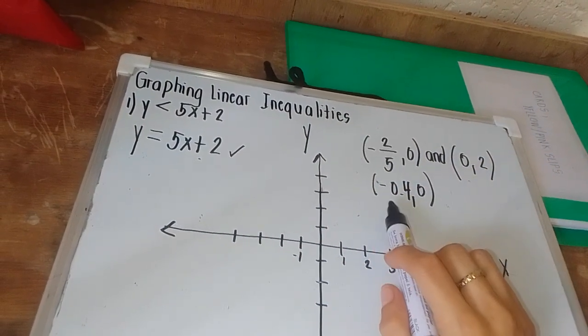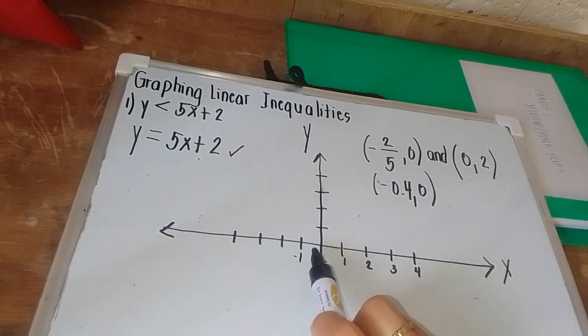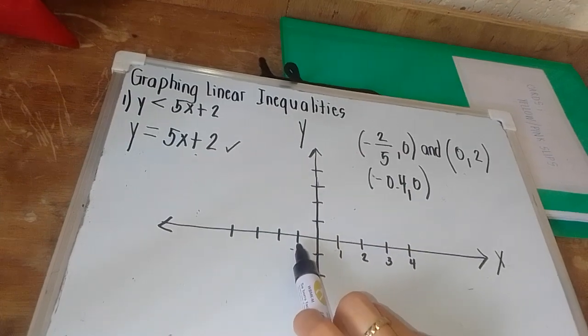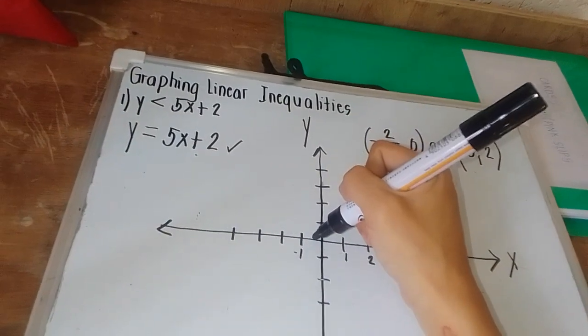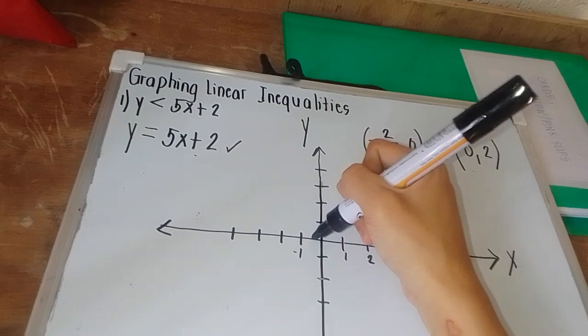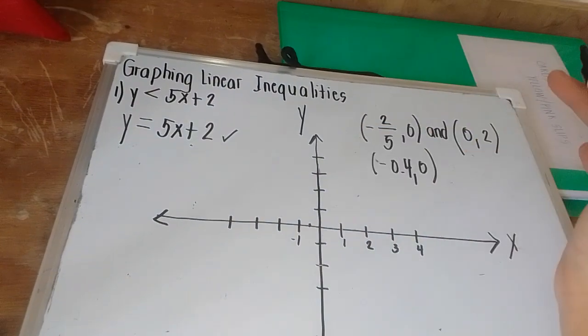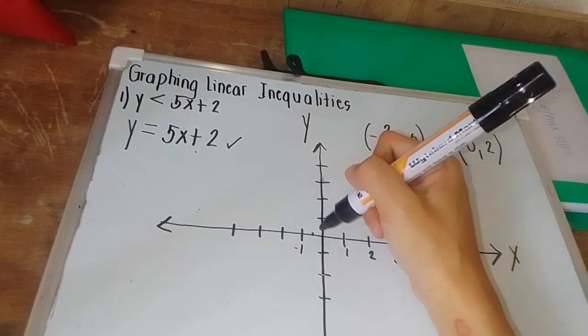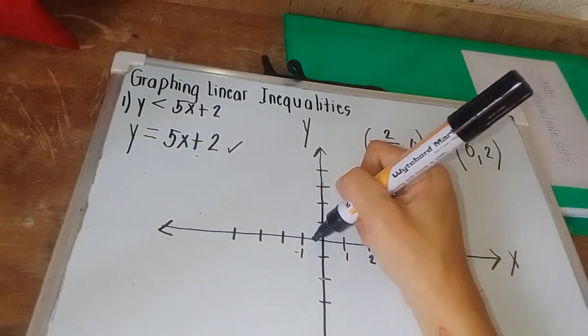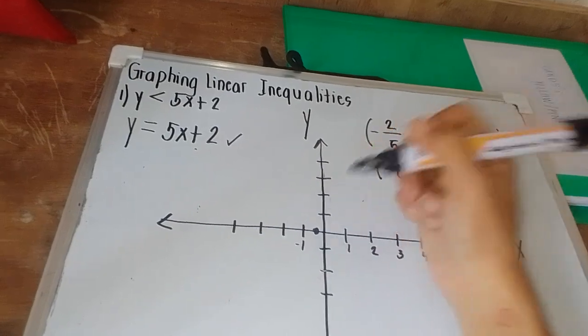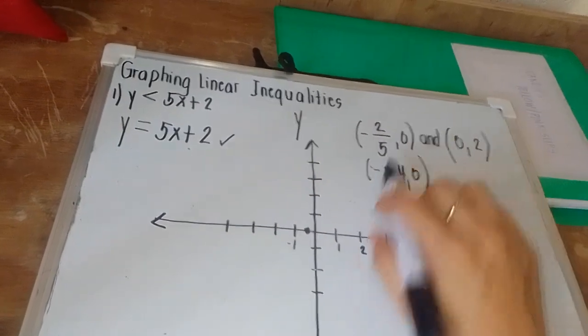Since it does not reach -1, it should be somewhere here. It should not go past -1. And remember, in between 0 and -1, that is -0.5, and it does not reach the halfway mark. You will be the one to estimate where the point is. So, say for example, we estimate it here. It does not reach the halfway mark. Okay? So, that would be your first point, your x-intercept.